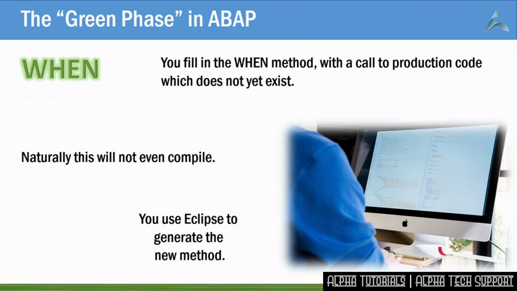Great. Happily for us, Eclipse works with us here because we've coded a call to a method that doesn't exist, and using a quick fix, we can automatically generate the method in the class under test. The test still won't pass at this point because the method being tested is empty, but it's a next step along our journey.